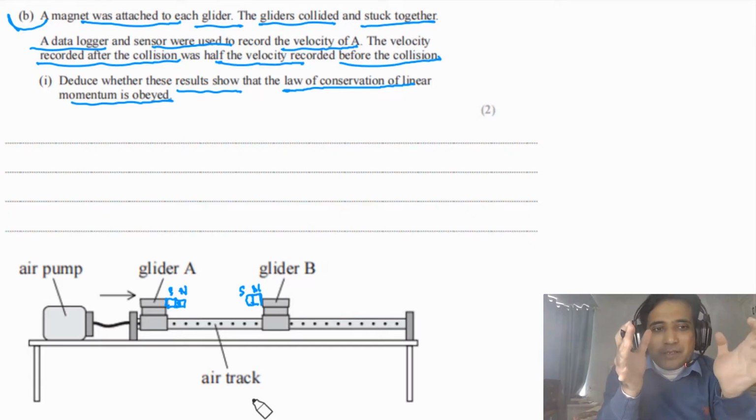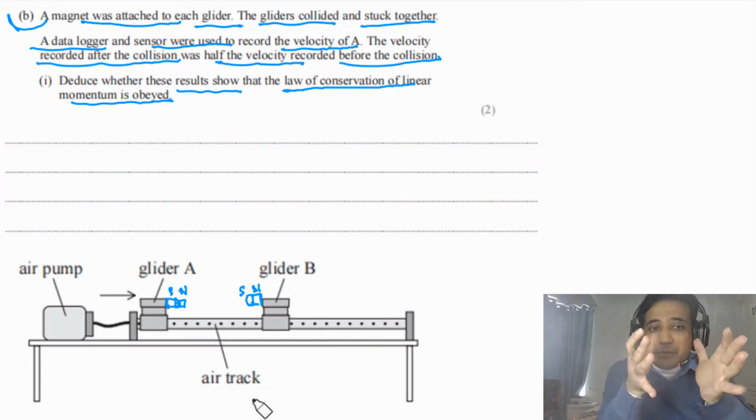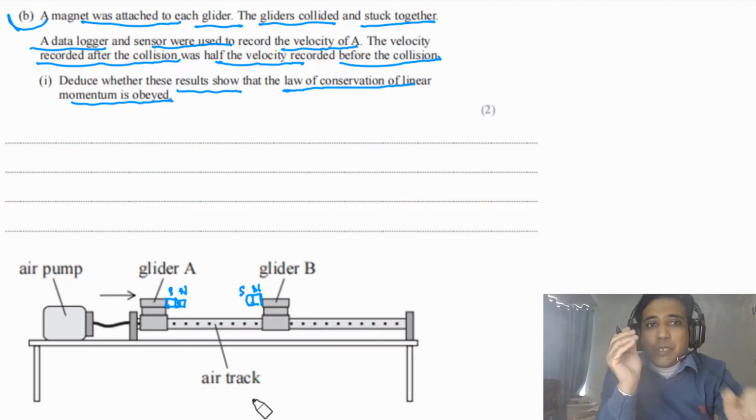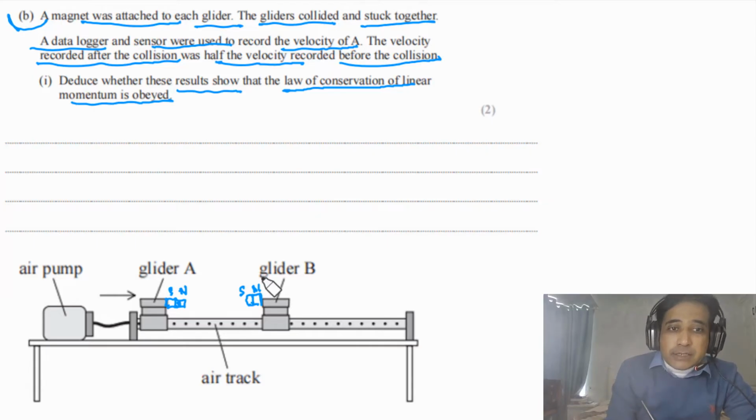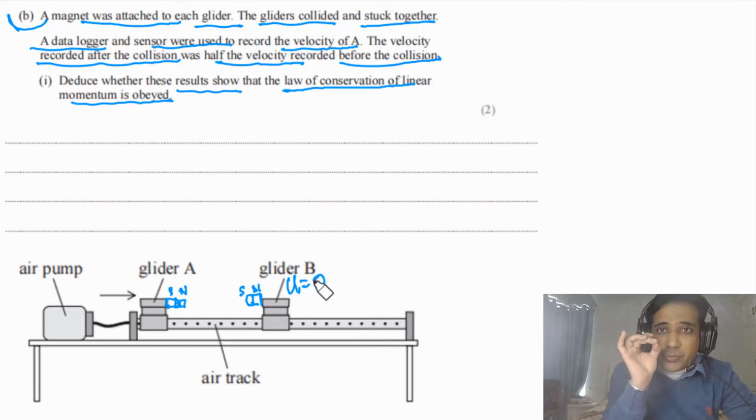Now you need to understand there will be an attractive force between these two magnets, so they will be attracted. It means both of them have to move, but in the question they are assuming that this one stays at rest, meaning its initial velocity is 0 until they collide, so its initial velocity is equal to 0 before collision.